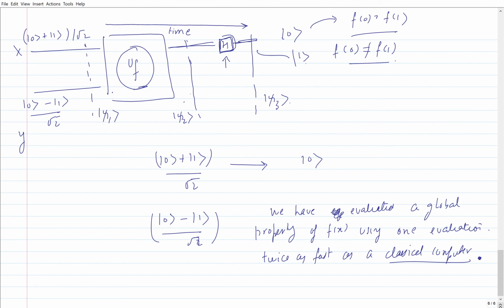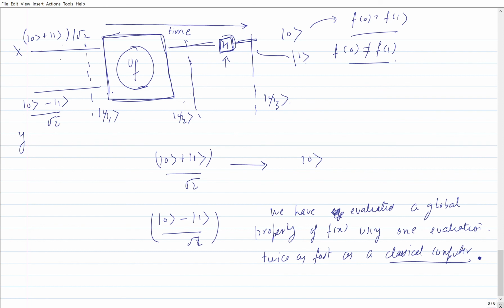But let's say we have the freedom of asking anything to a classical computer, we ping it twice, F0 ping, F1 ping, and it gives us answers, as compared to a quantum algorithm where we use this black box only once.